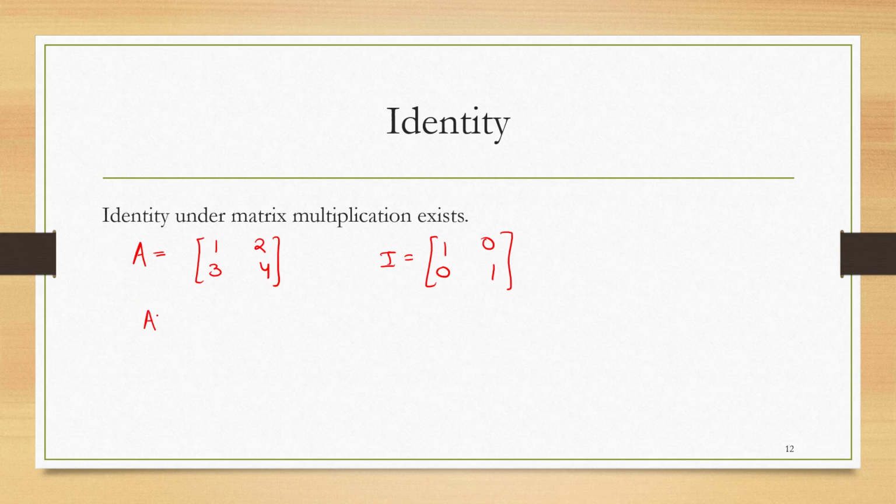Now, A times identity is 1, 2, 3, 4 multiplied by 1, 0, 0, 1. By multiplication, we see that it is again 1, 2, 3, 4.